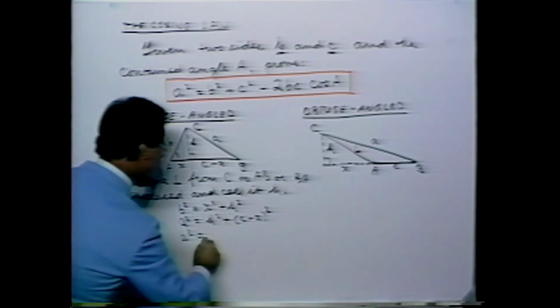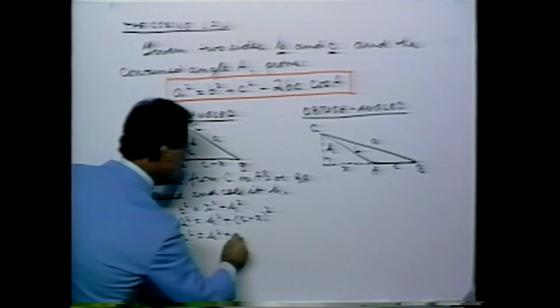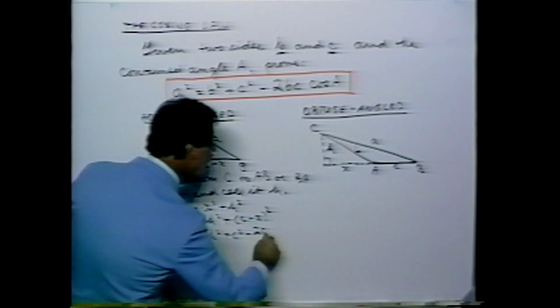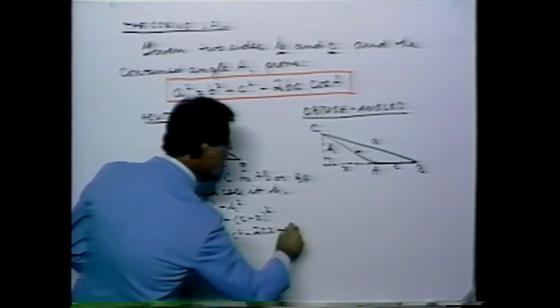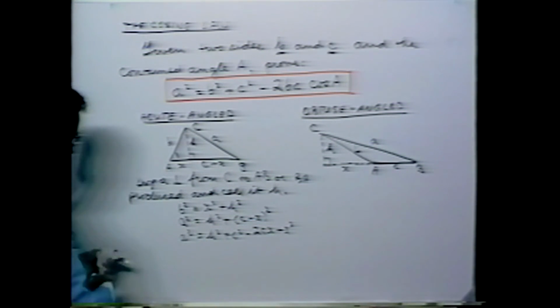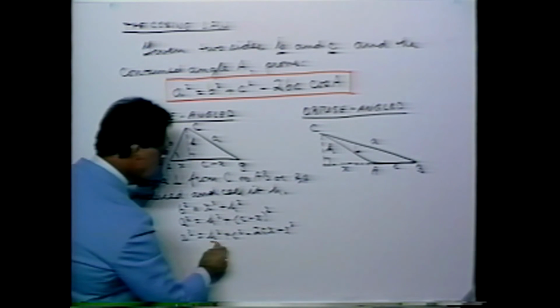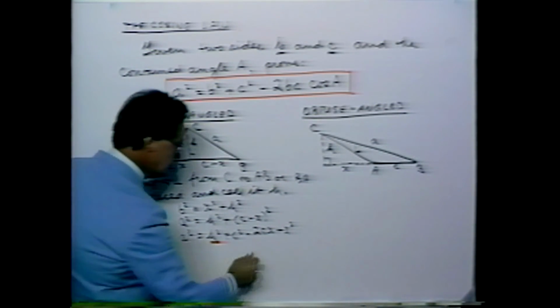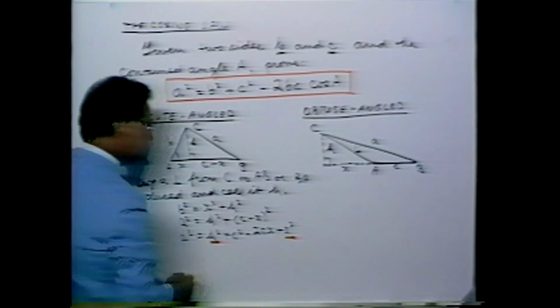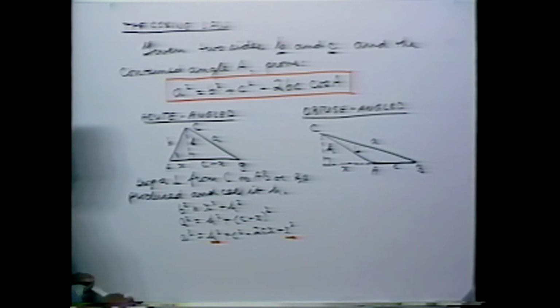Simplifying, a squared is h squared plus c squared minus 2cx plus x squared. Now examine this line, the last one, and notice that I have h squared and x squared on the right-hand side of the equal sign.